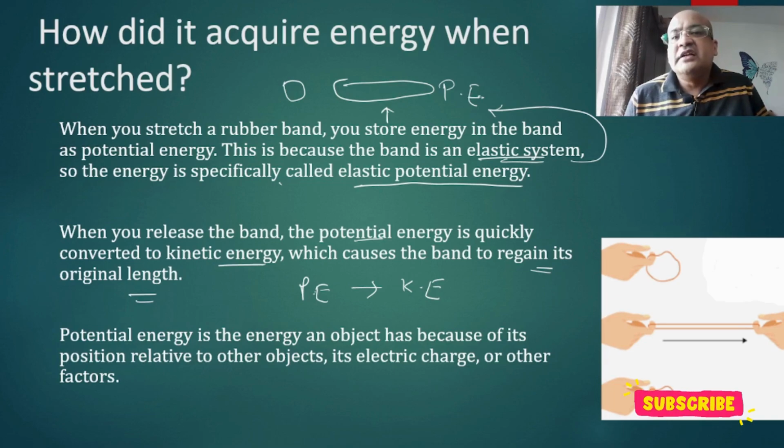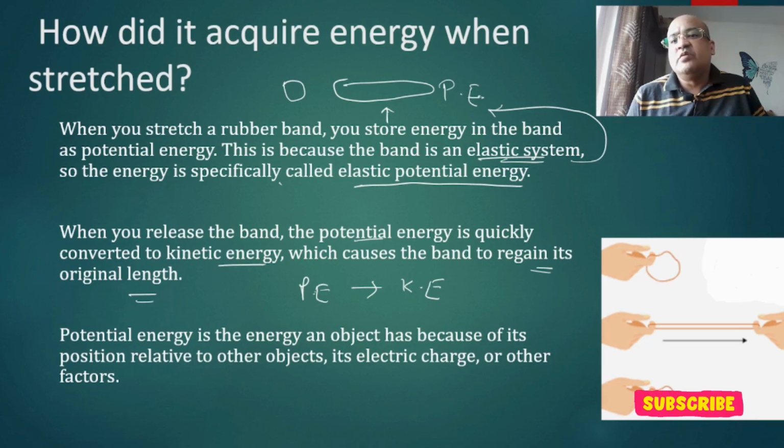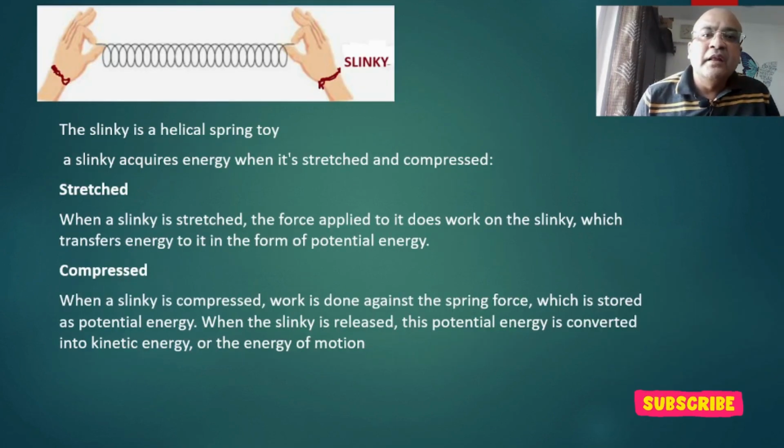Potential energy is the energy of an object because of its position relative to the other object. See here, we have stretched it. Due to the elastic system, it has gained potential energy. When you release it, the potential energy gets converted into kinetic energy.